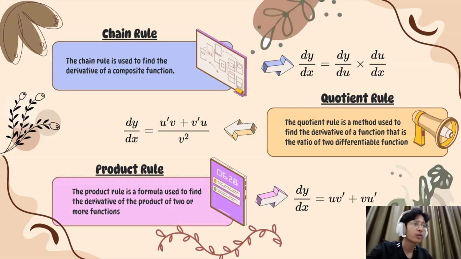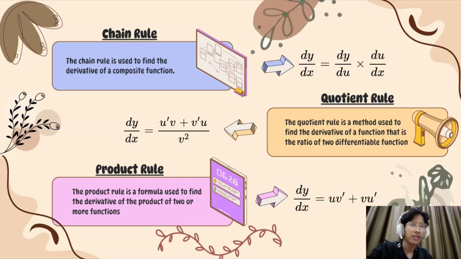And moving on to the quotient rule. The quotient rule is a method used to find the derivative of a function that is the ratio of two differentiable functions. The quotient rule is quite complicated, the most complicated of them all. The formula is dy over dx equals u prime times v minus v prime times u, over v squared.